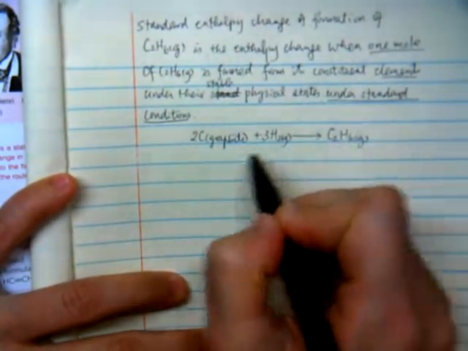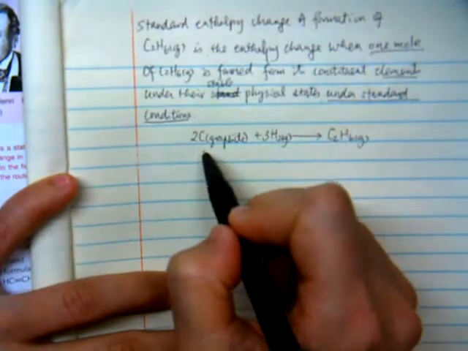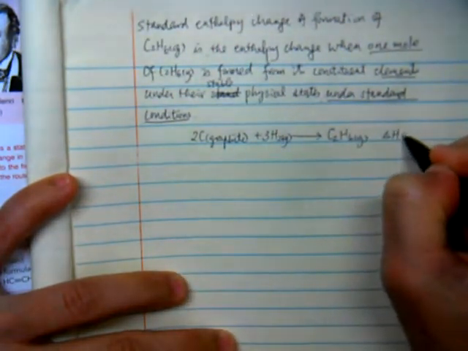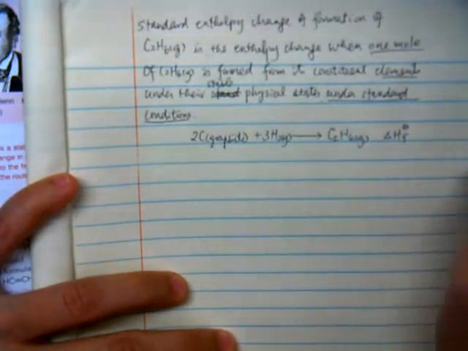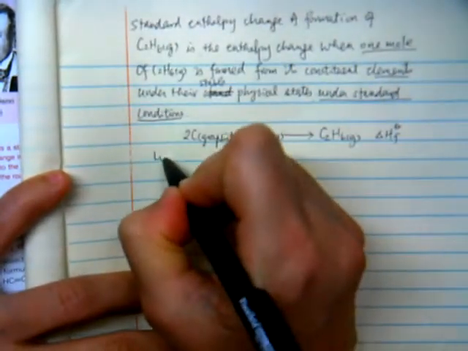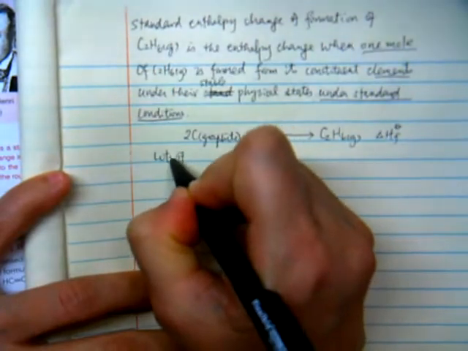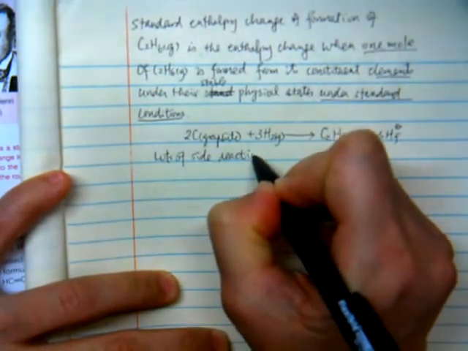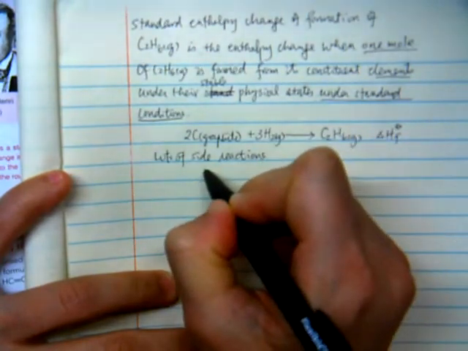This is again, okay, it is impossible to determine its enthalpy change directly because there are a lot of side reactions which will form side products. What are they?